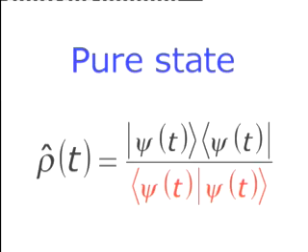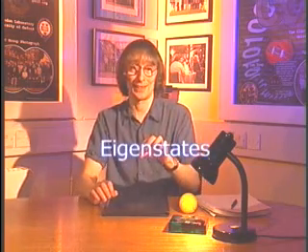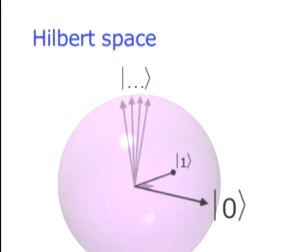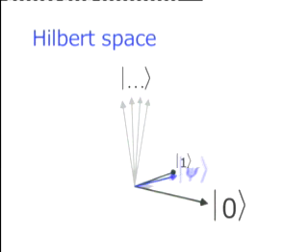So unnormalized kets are usually called states too, and eigenvectors of observables are called eigenstates. The normalized pure states lie on a unit sphere in the Hilbert space. And all the non-zero states along any straight line through the origin represent the same physical state.